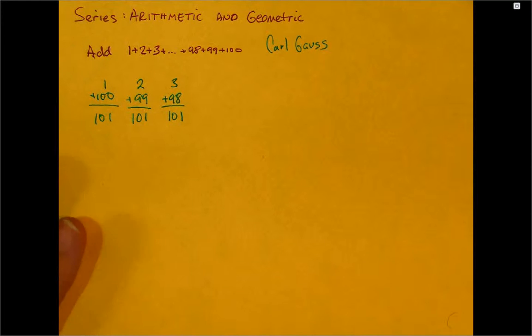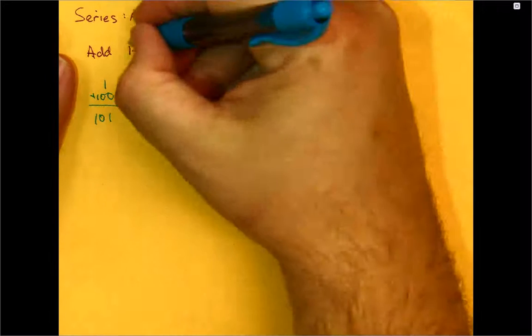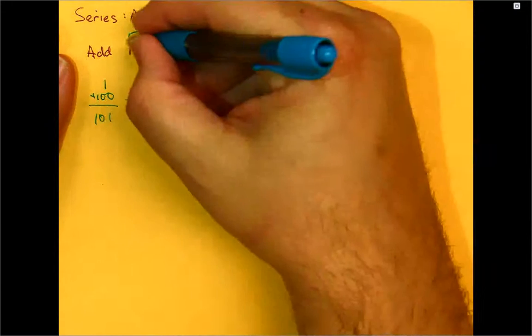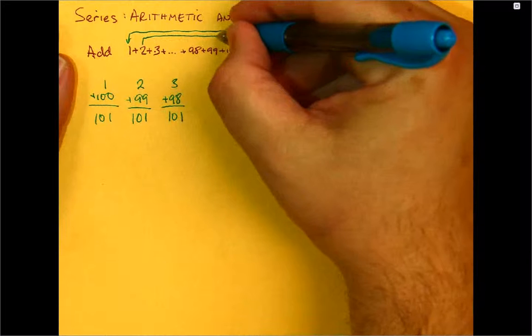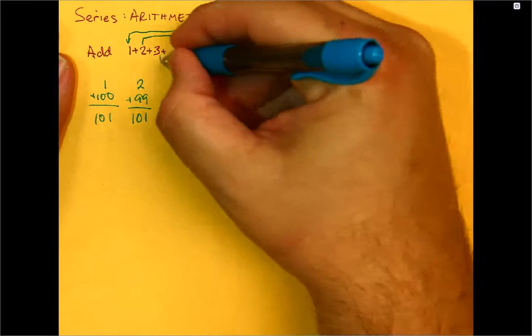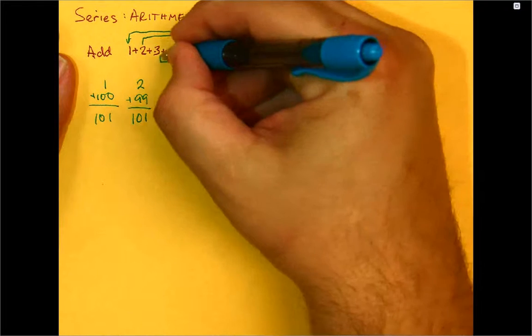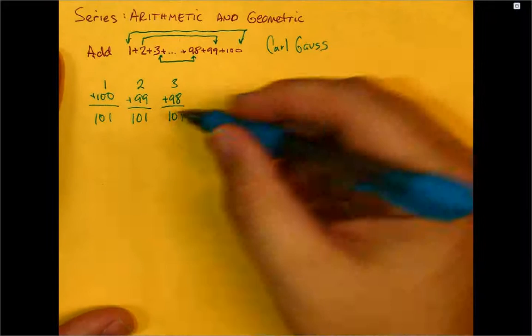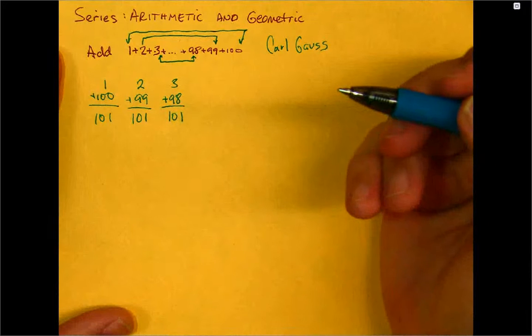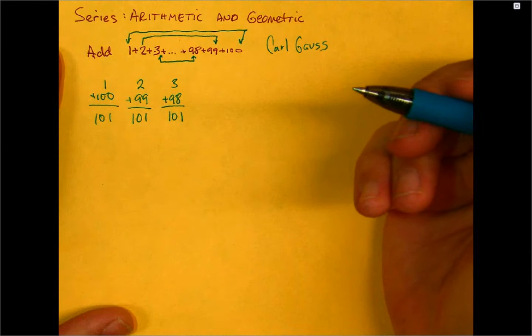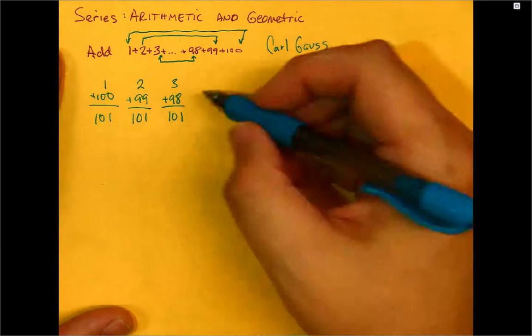So he saw this pattern where if you take 1 plus 100, you get 101. You take 2 plus 99, you get 101. 3 plus 98, you get 101. Well, how many of these 101s are you going to get? How many? 50. Yeah, you're going to get 50 of these.